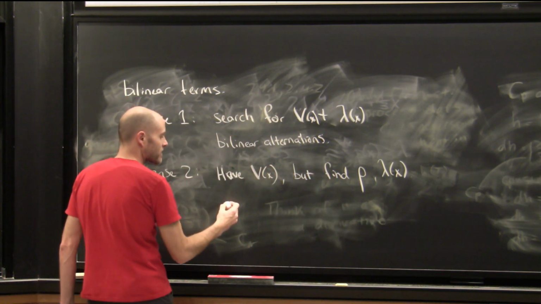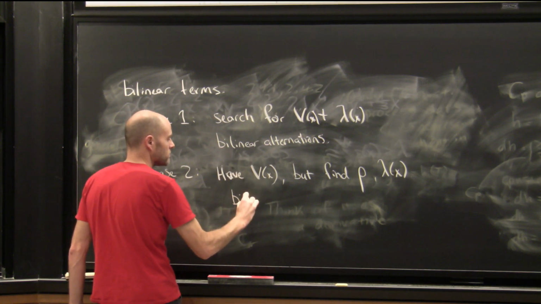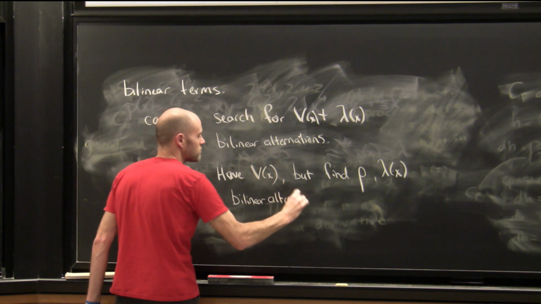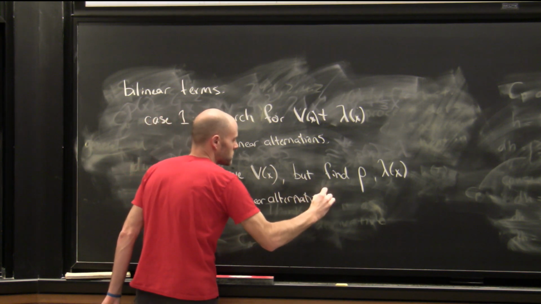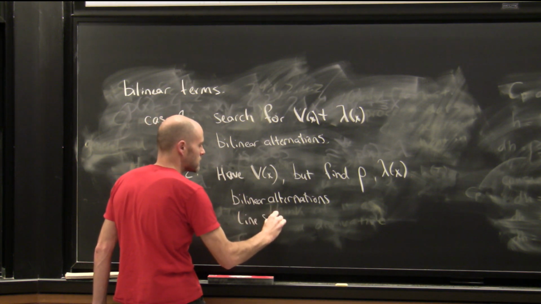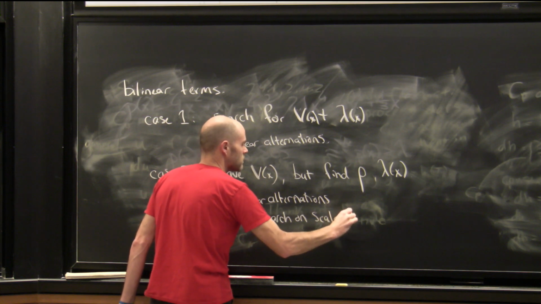In this case, I actually can do a line search. I could do bilinear alternations again. I could also do line search on scalar rho.